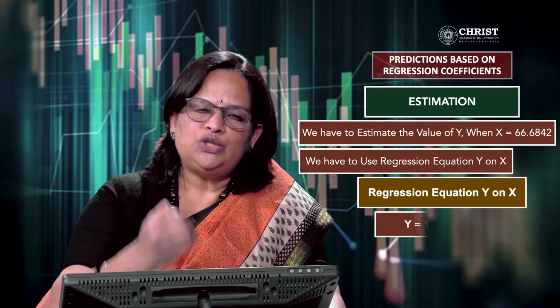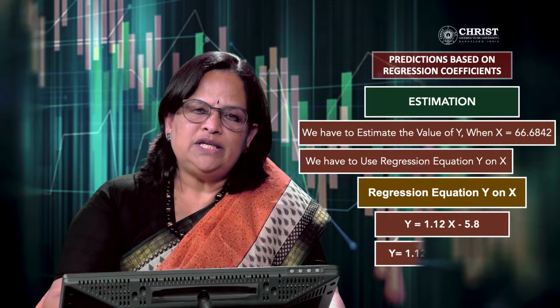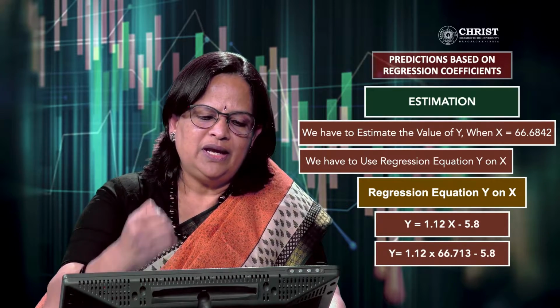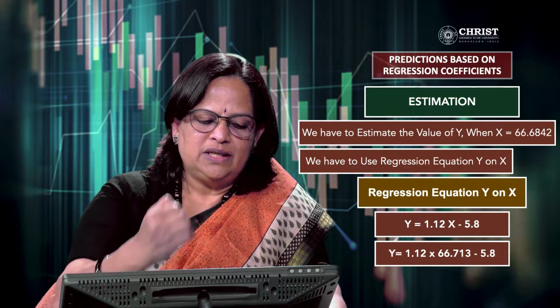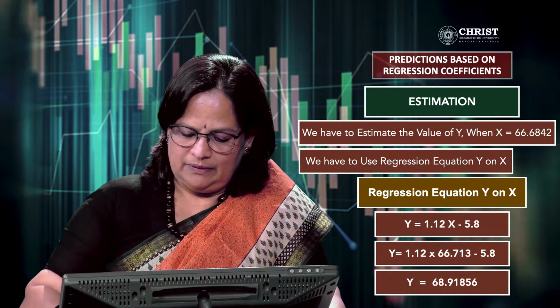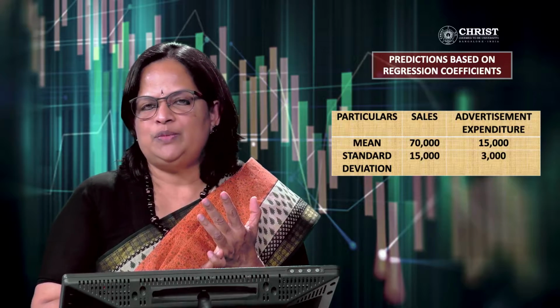So y equals 1.12x minus 5.8. So y equals 1.12 into 66.713 minus 5.8. So y equals 68.91856.